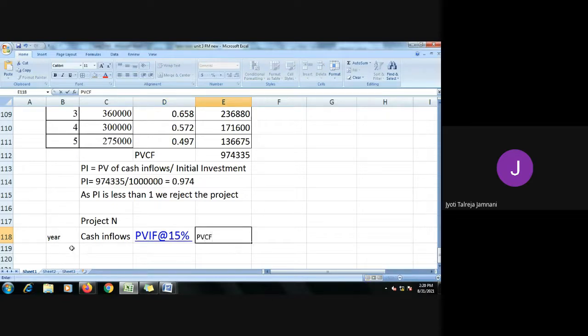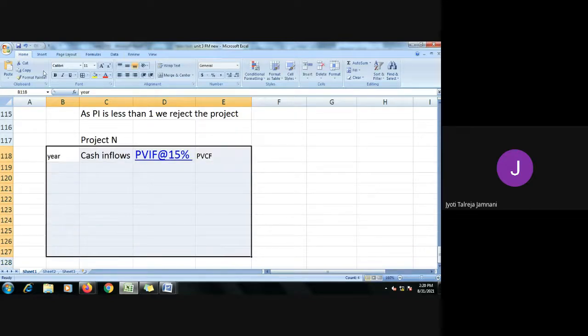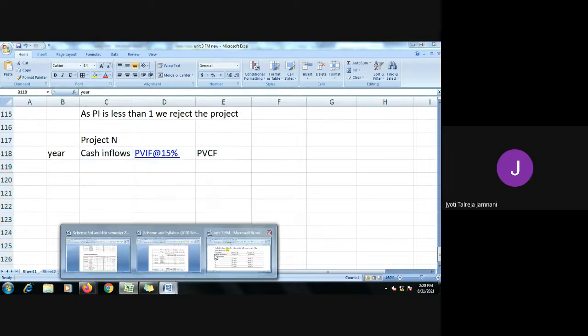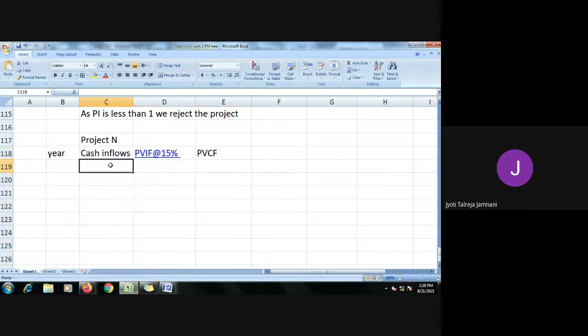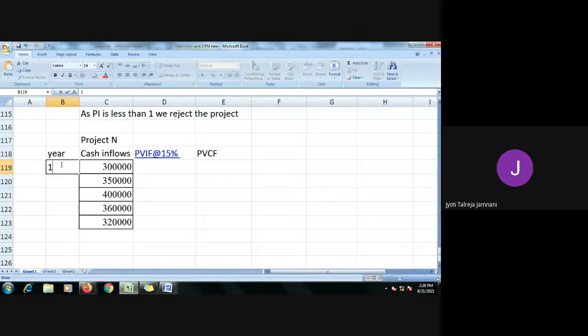So let's put it together. Take the year and cash inflows from the question. So for project N, these are the cash flows for 5 years.